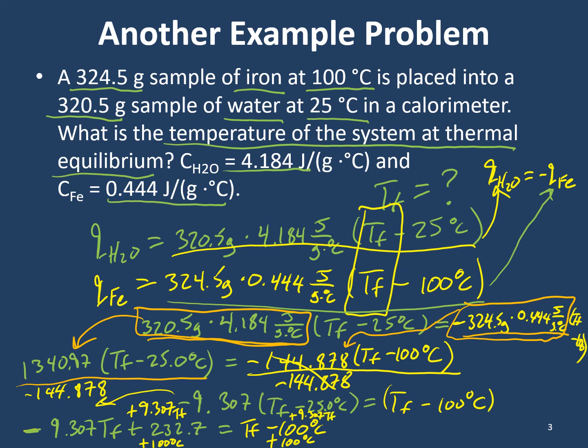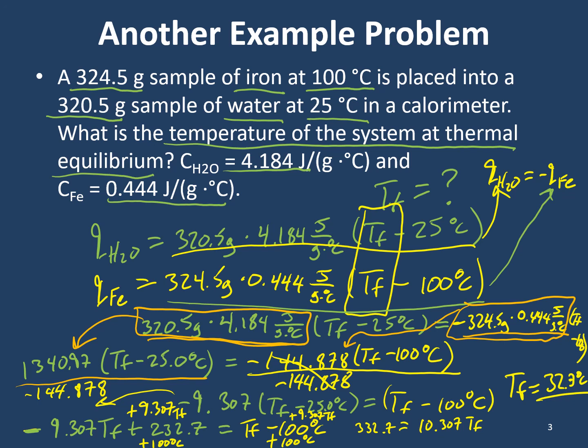And I know this is getting messy, but what I get here now is going to be 332.7 is equal to 10.307 TF. And so I can now divide both sides to get my T final, which will be equal to about 32.3 degrees Celsius.